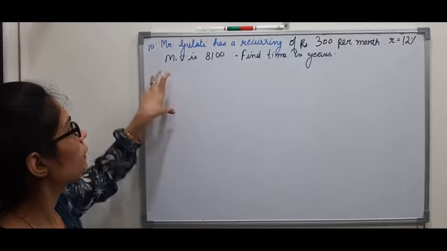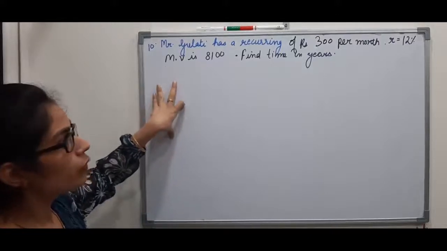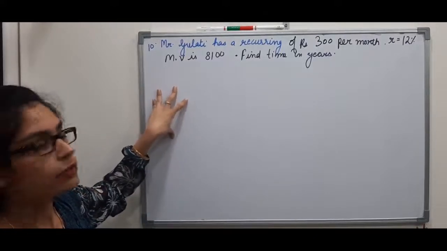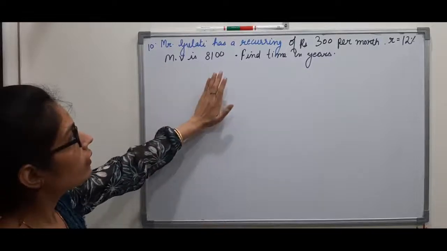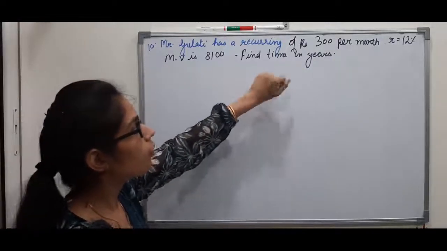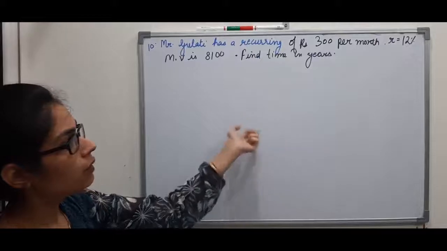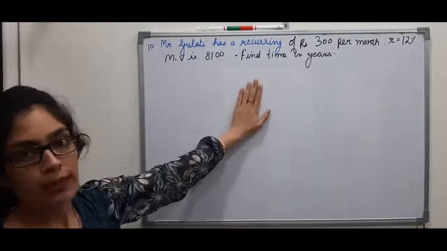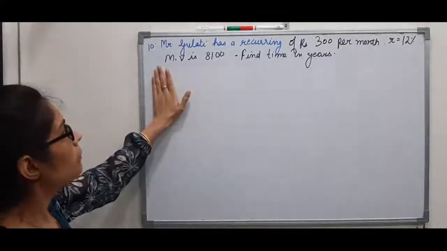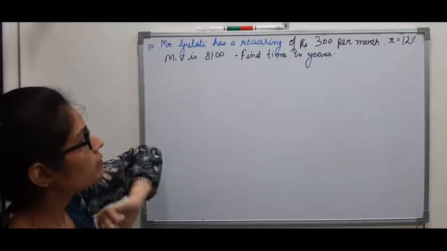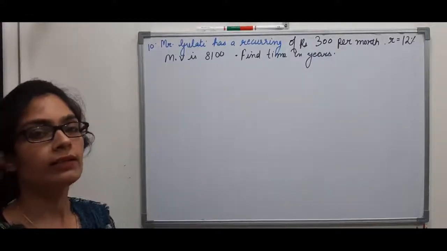Question number 10. This question is the same as the previous question. Mr. Gulati has a recurring deposit of rupees 300 per month, for which the rate of interest per annum is 12%, and the maturity value is given as rupees 8100. You have to find the time.